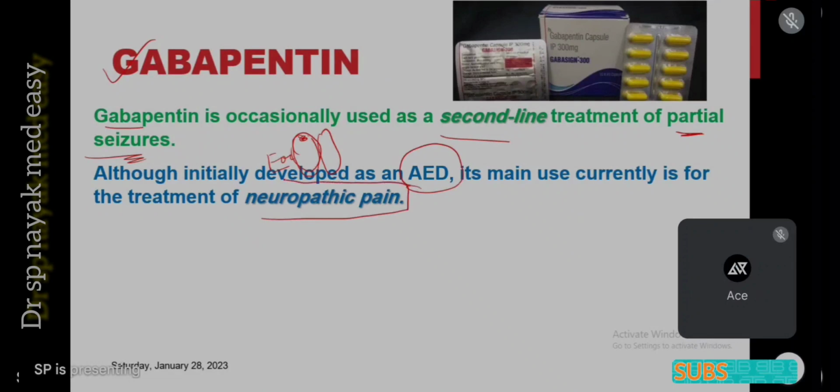Nowadays, as of now, gabapentin is not used for seizures, because for seizures we have so many other effective drugs: phenytoin, carbamazepine, sodium valproate, lamotrigine, topiramate, many drugs. So currently we are using gabapentin for neuropathic pain. Actually it is enlisted under anti-epileptic drugs only, but it is commonly used for neuropathic pain, that you have to remember.